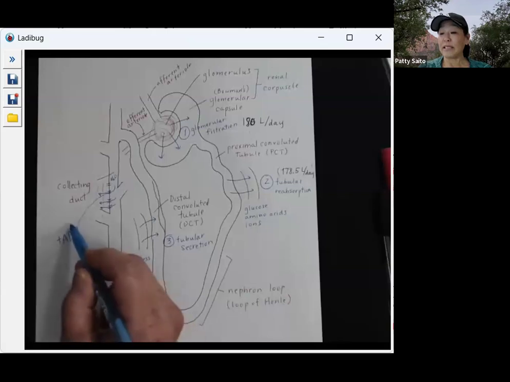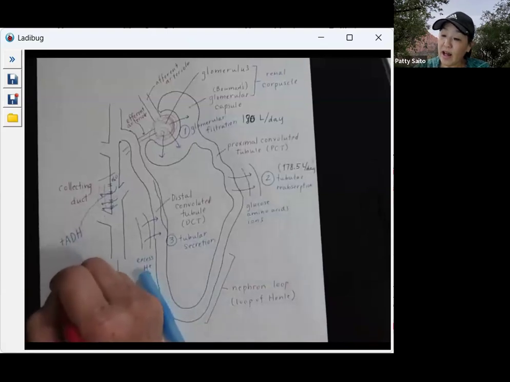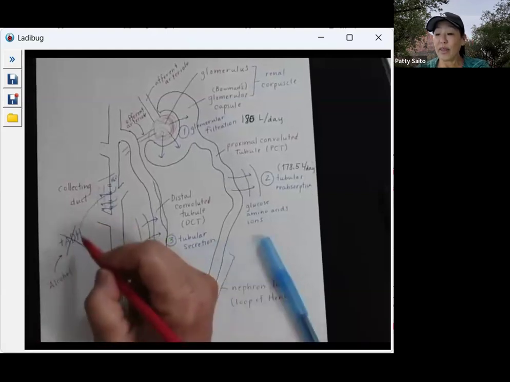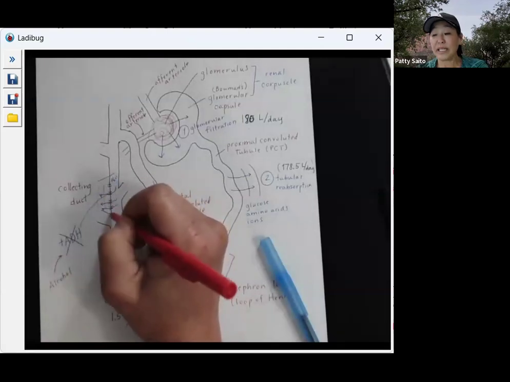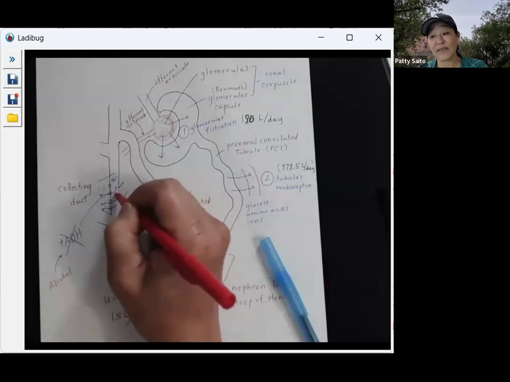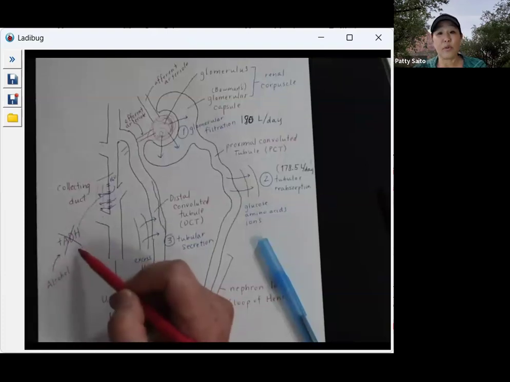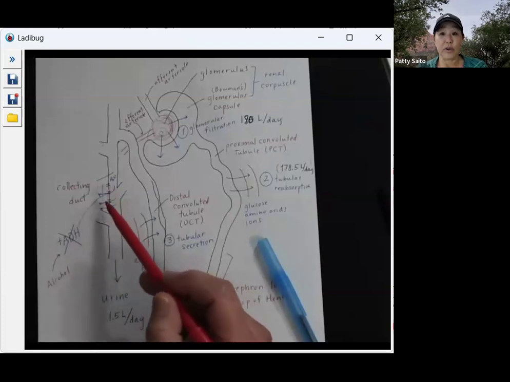Okay, now, how does alcohol work? Alcohol actually inhibits the release of antidiuretic hormone. I'll put that here. Alcohol causes less ADH. So without ADH, these channels don't open, or you decrease the permeability. So the water stays in the nephron and you pee it out. Now, the danger is that you could actually be dehydrated when you drink alcohol, because this is overriding your natural processes in conserving water.